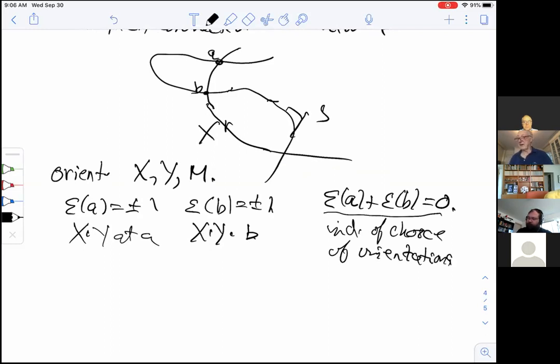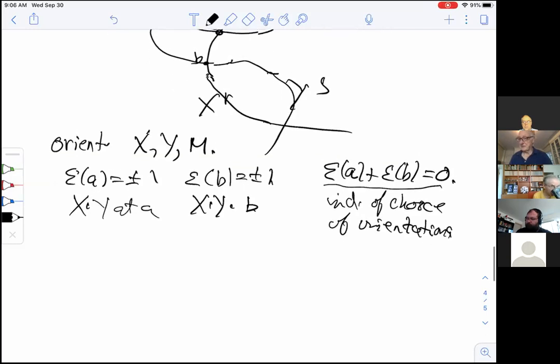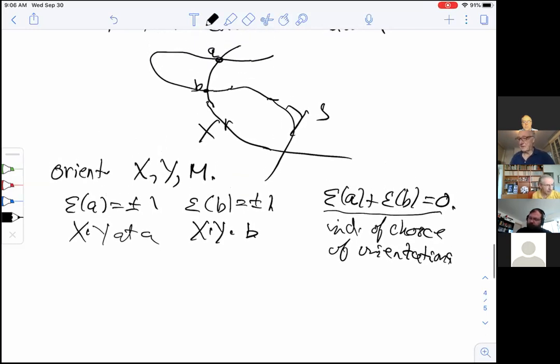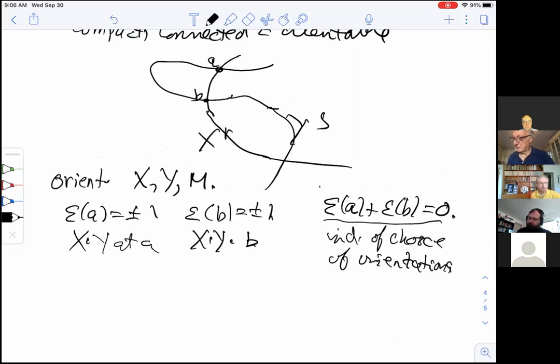Of course, epsilon A and epsilon B independently depend on the orientations, but the fact that they're opposite is independent, clearly. Okay, so that's the first assumption, that these are algebraically canceling intersection points.